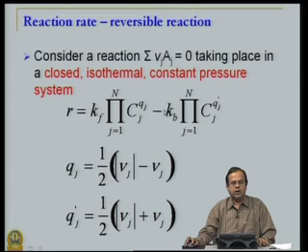Similarly, backward rate, K b into product of C j raised to Q j prime. We also said last time that for law of mass action kinetics, Q j and Q j prime are linked to the stoichiometric coefficient nu j by these relations: Q j is half of mod nu j minus nu j, and Q j prime is half of mod nu j plus nu j.